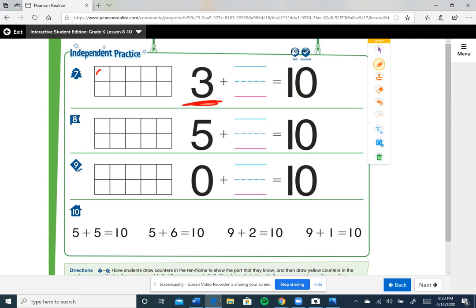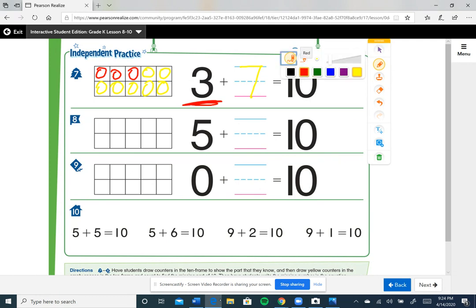That's how many counters you draw right away. Now you need to find the missing number, our yellows. 1, 2, 3, 4, 5, 6, 7. 7. Is 3 plus 7 10? Yes, it is.